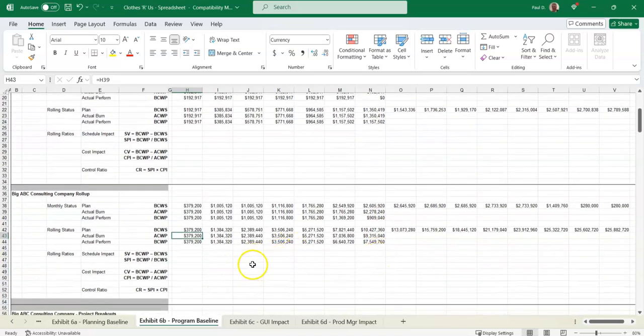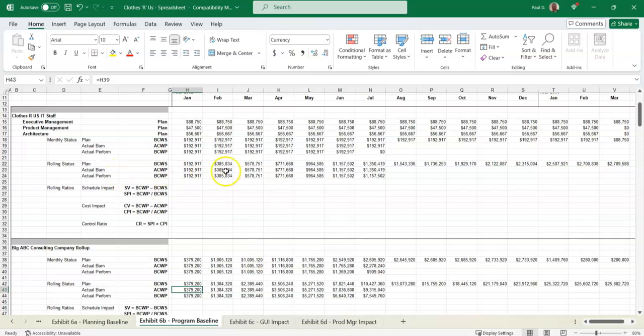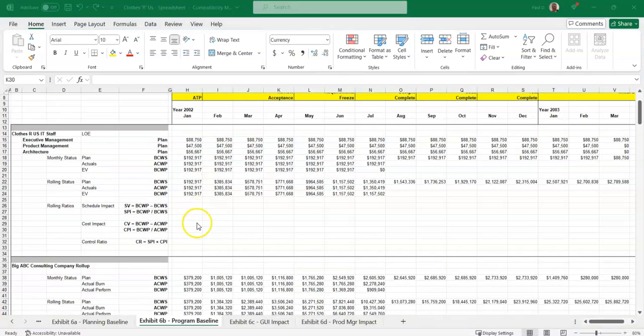So next, what I would want you to do to employ the EVM equations is basically put in the formulas for schedule variance, BCWP minus BCWS. To do that, you would just employ these equations.